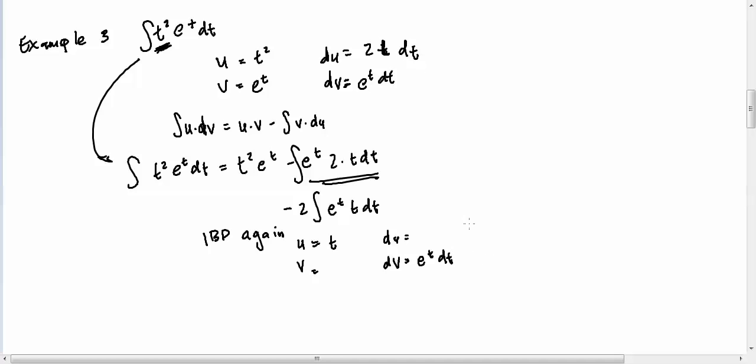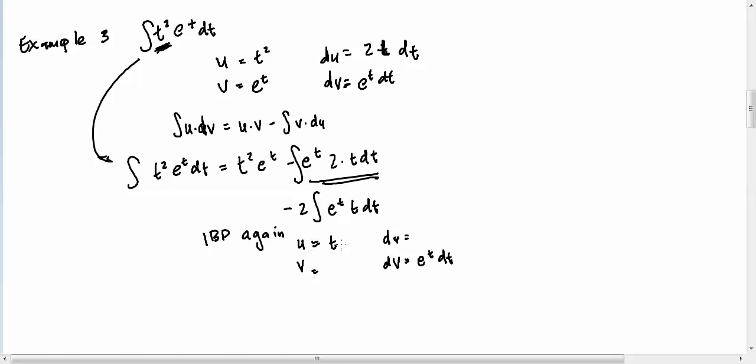Now, how did I choose that one? Well, there's going to be this trick to kind of simplify this. You're going to want to choose things that obviously are not exactly the same as your u, dv, du and v above, because you have a different function that you're dealing with, but it's of the same kind of style, of the same form.